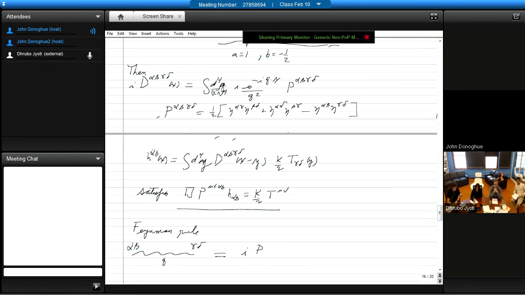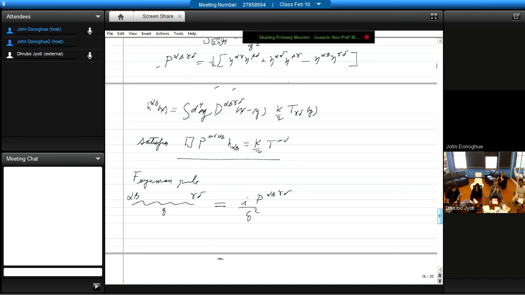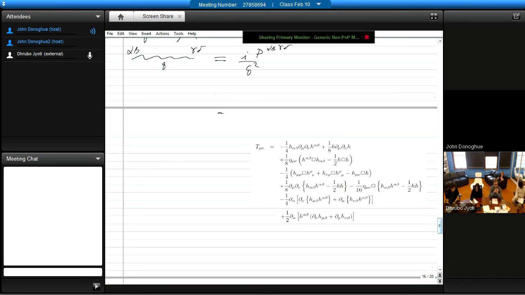It's i P alpha beta gamma delta over q squared. All right. So there's our propagator for gravitons.